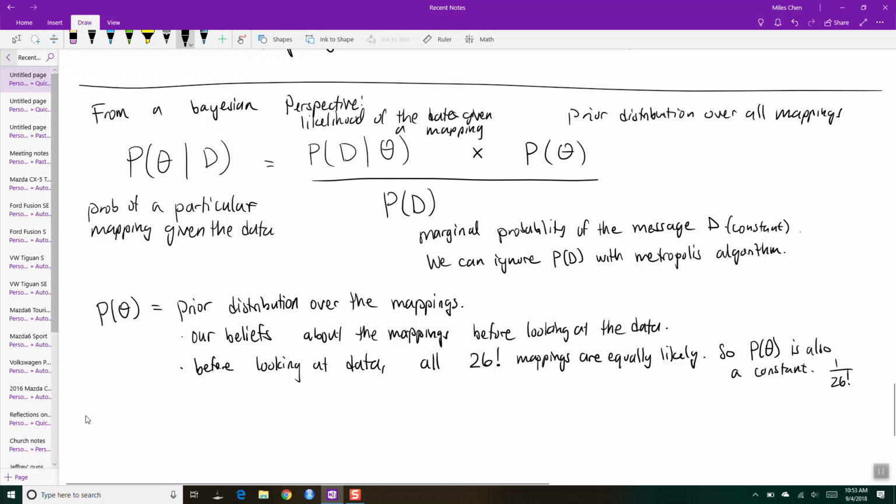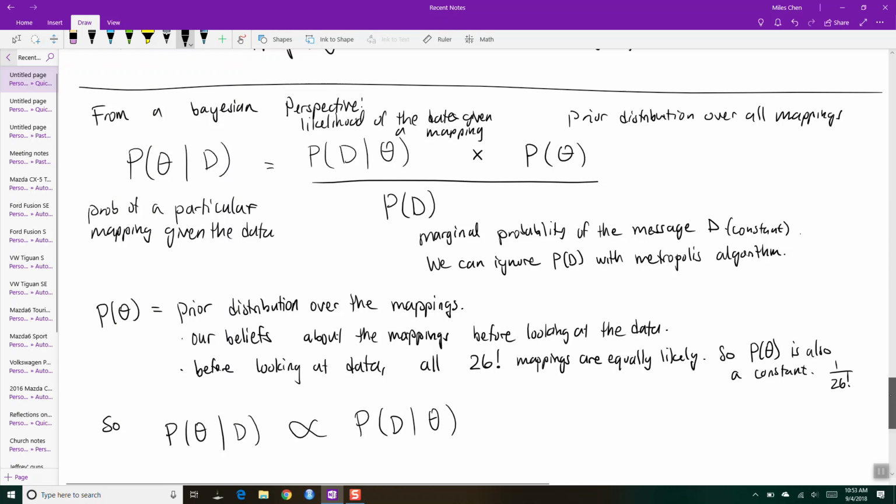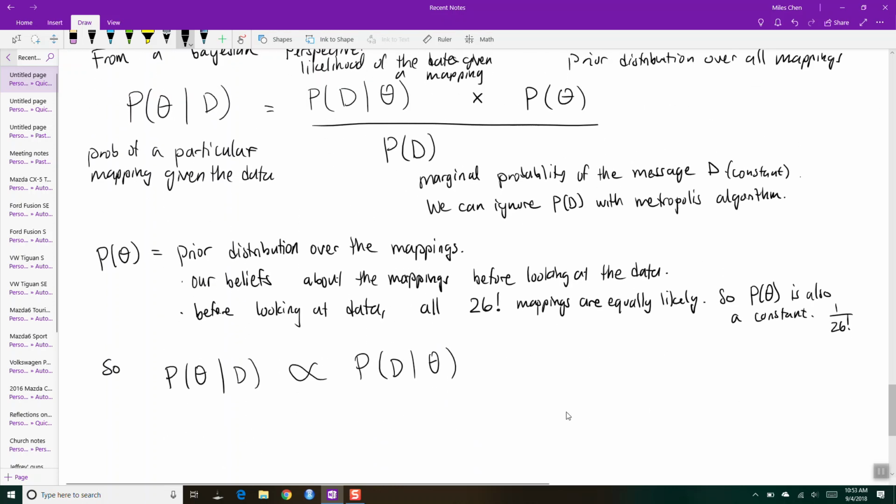So this boils down to, our posterior distribution, the probability of the mapping given our data, is just proportional to the probability of the data given the mapping. Okay? So we just need a way to figure out the likelihood of the data given the mapping. Okay?